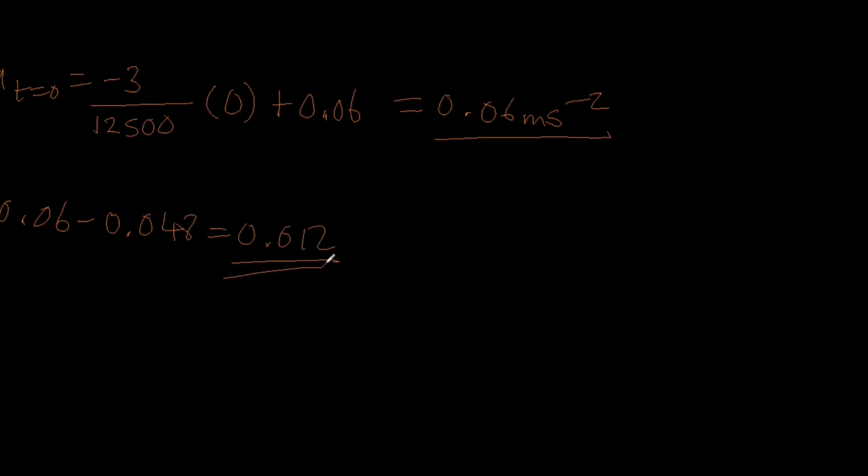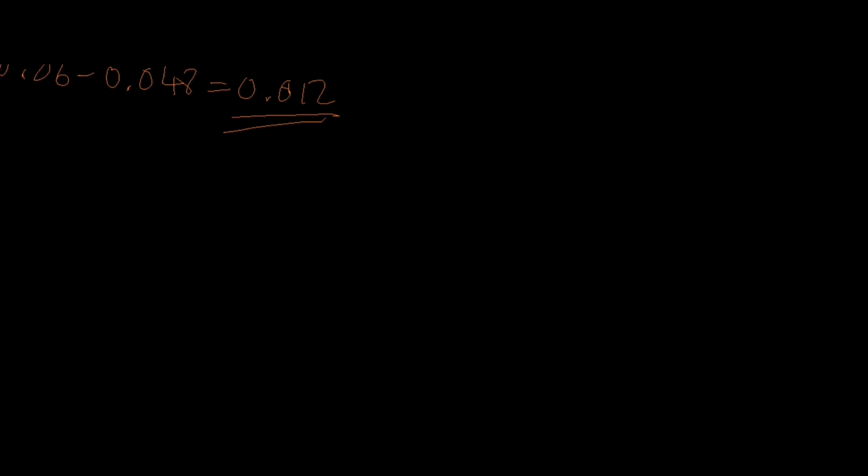So the way you would answer this question is you would say that the initial acceleration of B is greater than the initial acceleration of A by 0.012 meters per second squared. That's how you would answer such a question.